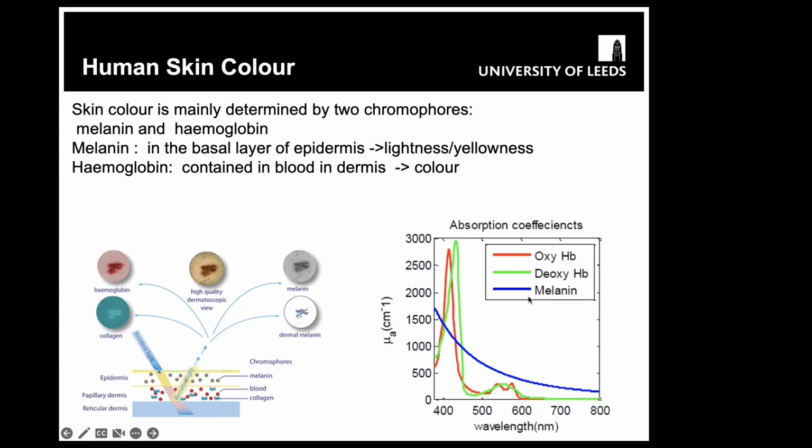The blue line represents melanin, and as you can see, the melanin curve is very smooth. Deoxygenated and oxygenated hemoglobin, the red line and the green line, are not smooth at all. The curve goes up from 400 nanometers to 500 nanometers, goes down, and slightly up again. And very interestingly, you see there are some peaks.